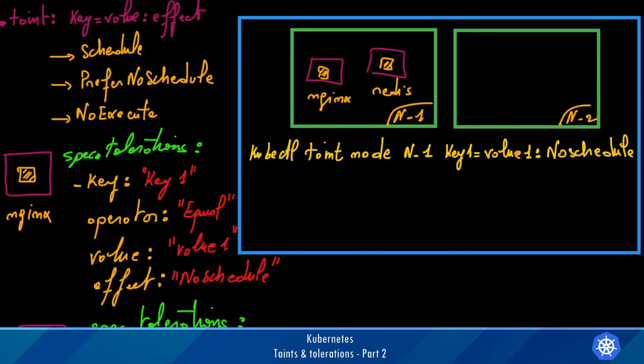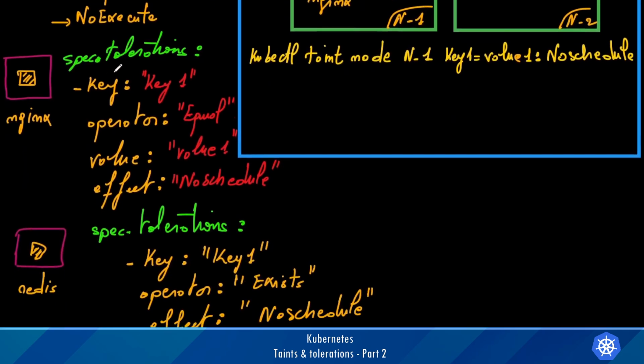So to tolerate a taint, in the spec of the pod we have to mention the key used for the taint and the operator. The operator can be Equal or Exists. If it is Equal, we have to mention the same value used for the taint. And if it is Exists, we do not have to set the value field.